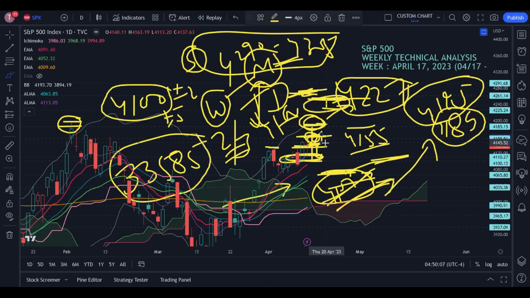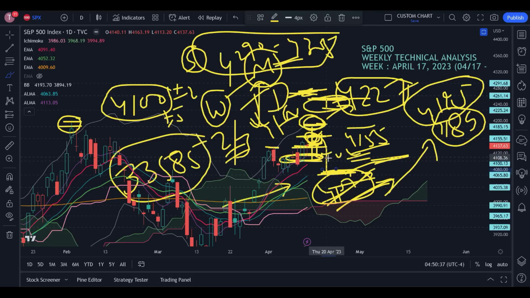That is not good, because in that case the sentiments will turn. Forget about the sentiments, the technicals on the lower level charts will turn bearish, and those technicals might force the S&P 500 into a downward movement even below 4100.